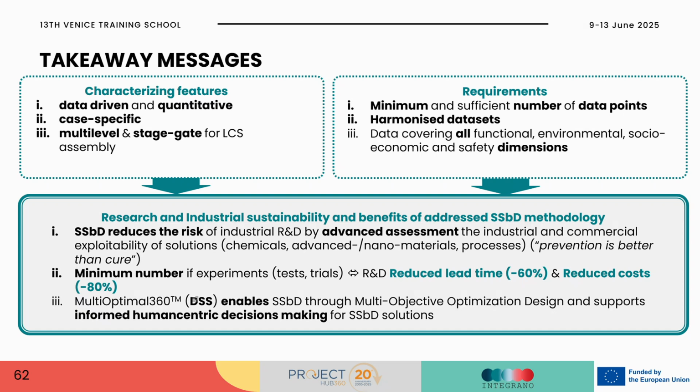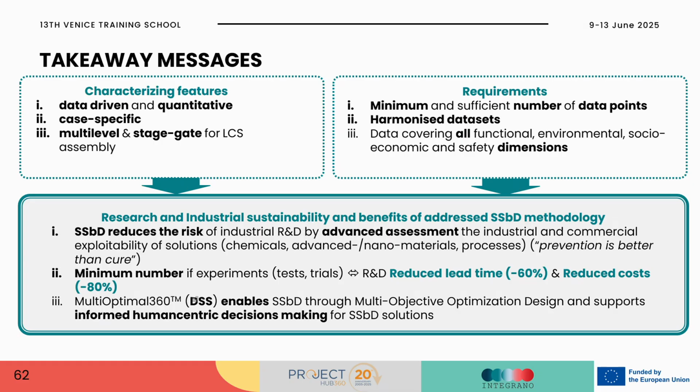What are the total advantages? Okay, the SSbD, as such, reduces the risk of industrial development and produces advanced assessment of industrial and commercial exploitable solutions. So companies will never go for any SSbD costly and time-consuming process if they don't have the payback of certainty, or say a high probability of getting the product into the market and commercializing it.